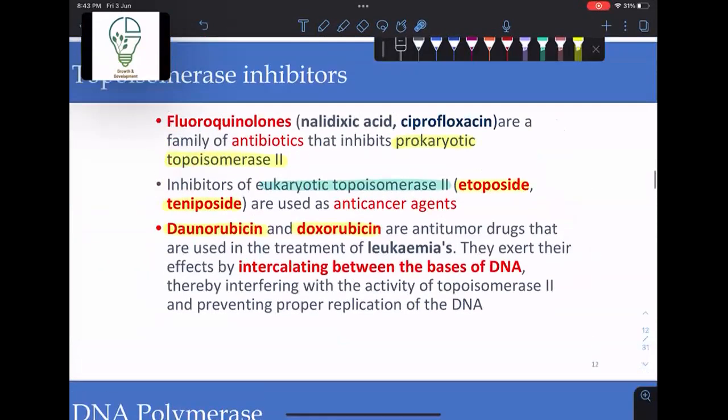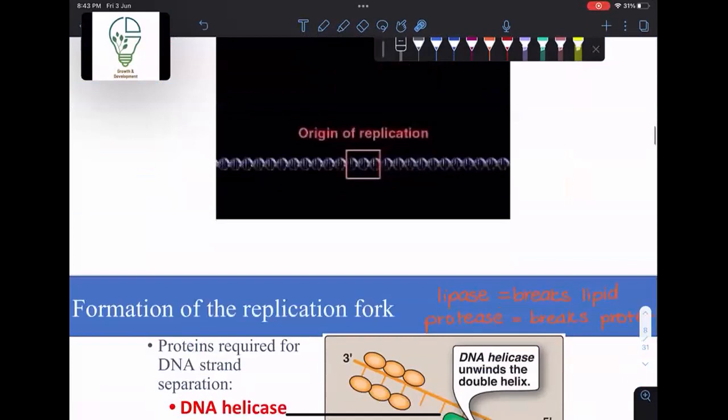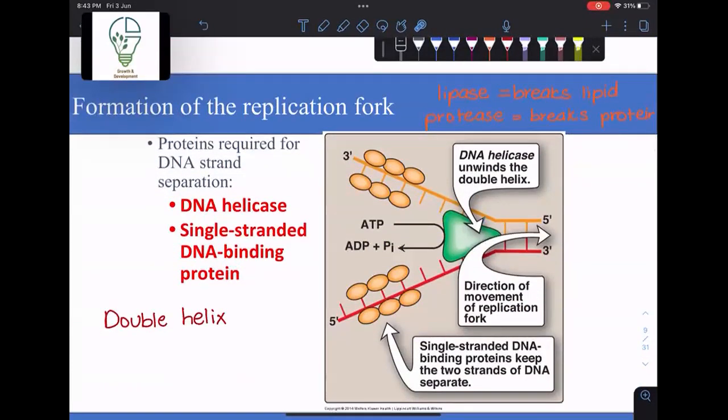All right, so what does this mean? For those of you who don't know, the DNA molecule has a 3' end and a 5' end, okay? Think of it as right and left, but for a DNA molecule. We can't really say right and left in DNA, right? So we use the terms 3' and 5', okay? Every DNA molecule has opposite ends. As you can see, the 5' end is attached to the 3' end, right? And the 3' end is attached to the 5' end.